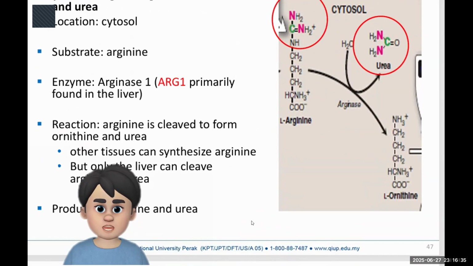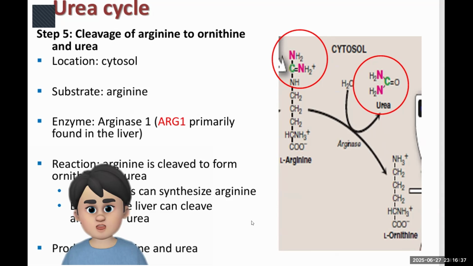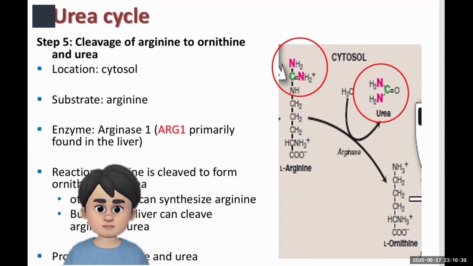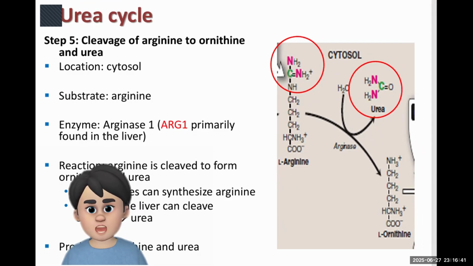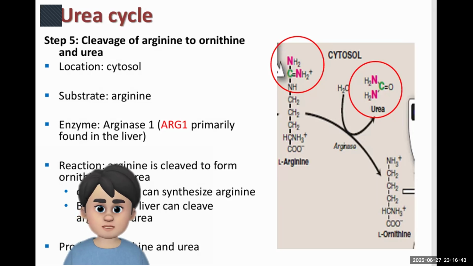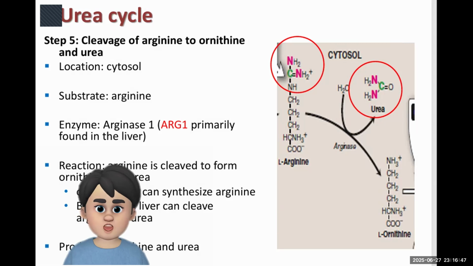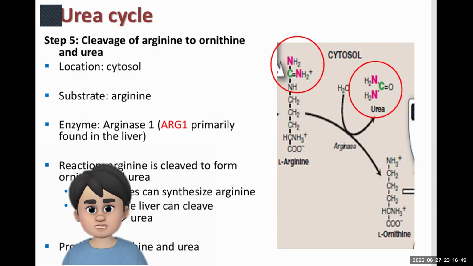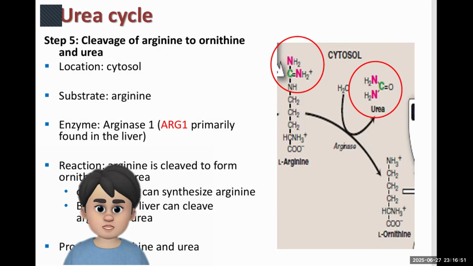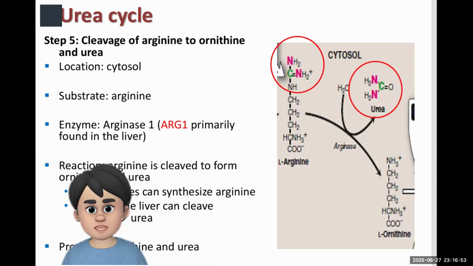Next step: cleavage of arginine to ornithine and urea. Location: cytosol. Substrate: arginine. Enzyme: arginase 1, ARG1, primarily found in the liver.